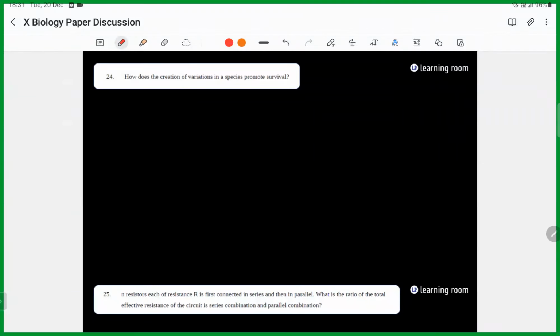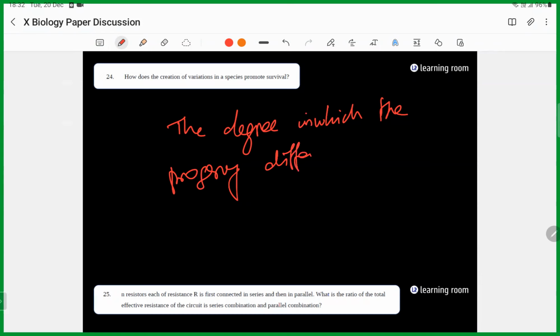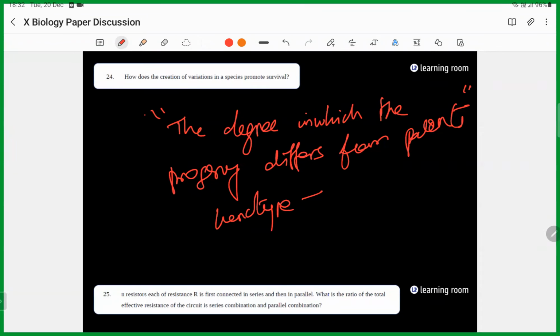The degree by which the progeny or offspring differs from the parents is called variation. It starts with the genotype and subsequently results in the phenotype. The difference is first connected with the genotype, and then shown in the phenotype also.